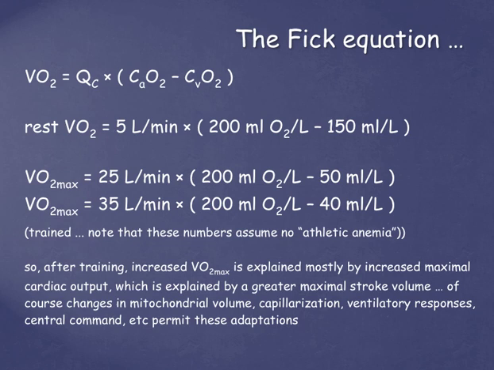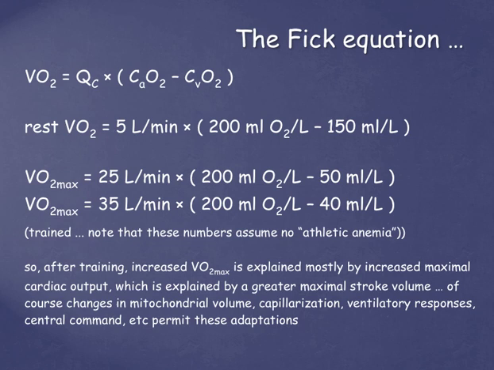And the content of oxygen in the venous blood is ever so slightly lower. So we have increased the maximal AVO2 difference a little bit by training, mostly because we get better at sending the cardiac output to the muscles.